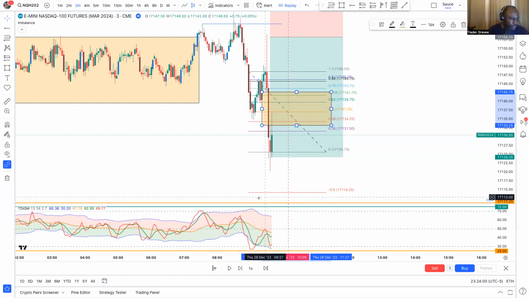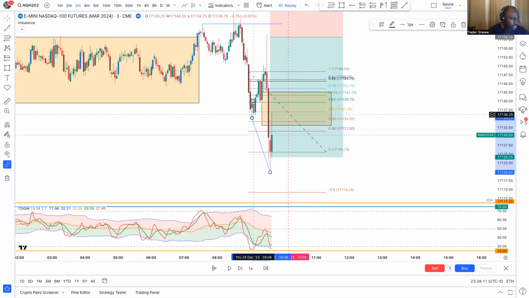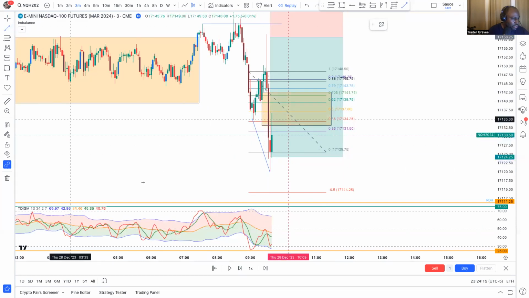Now, check this out, guys. A divergence. This is why I like the TDI. Look at this. Lower low there.